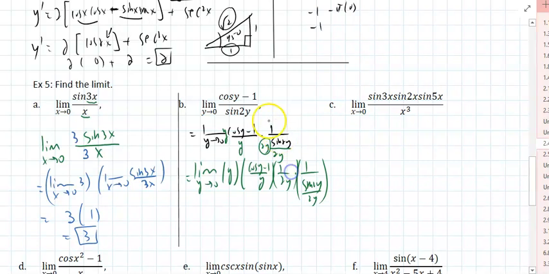So I'm looking at those individually. Well, algebraically this cancels out. This limit right here will be a 0. This limit right here will be a 1 because that's a constant, like 1/2. And this limit right here will give me a 1. So my answer would be a 0.